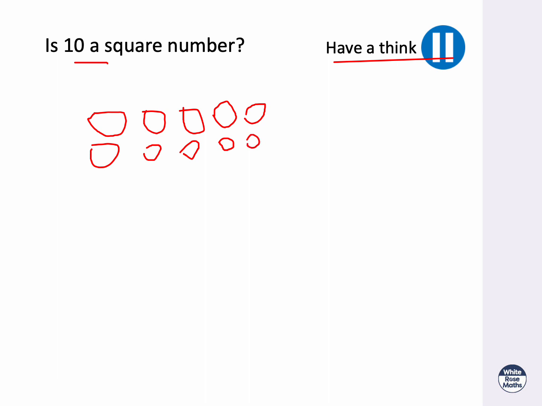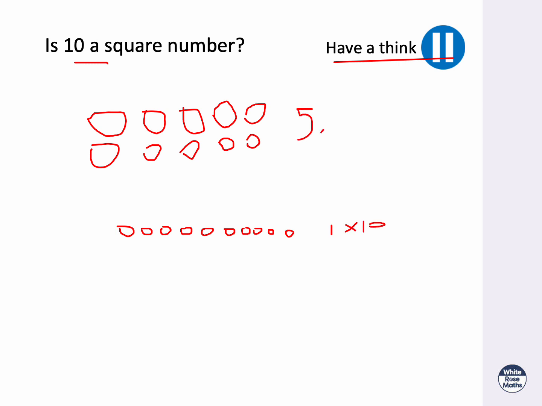Or we can have one row of 10 circles, because 1 times 10 makes 10 and 2 times 5 makes 10. So again, 1, 2, 3, 4, 5, 6, 7, 8, 9, and 10. So this is obviously 1 by 10, and then this is going to be 5 by 2.